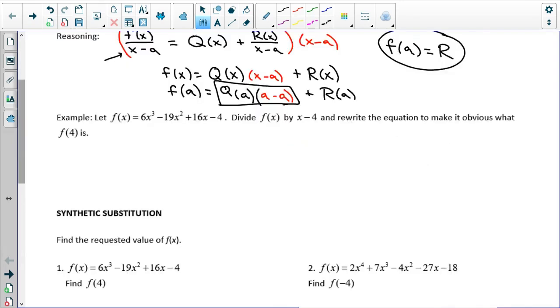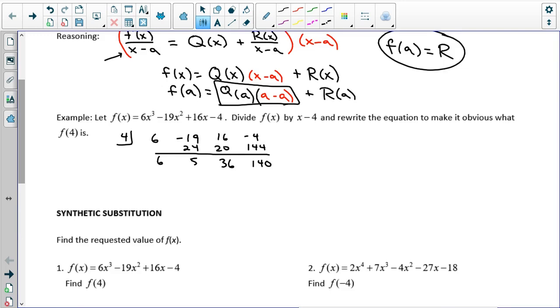If I take this f of x and divide it by x minus 4, I'm going to do a little synthetic division. So I have 24, 5, 20, 36, and then 36 times 4 is 120 plus 24, so that's 144. So I get 140.